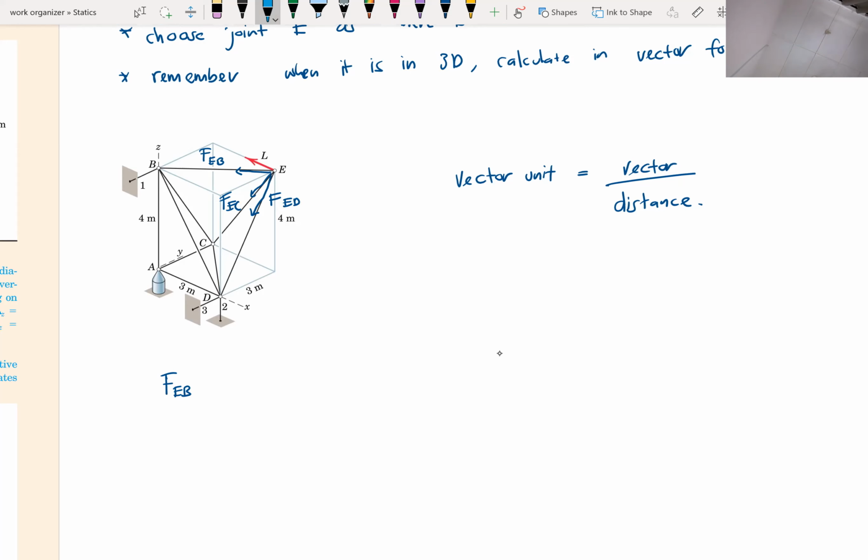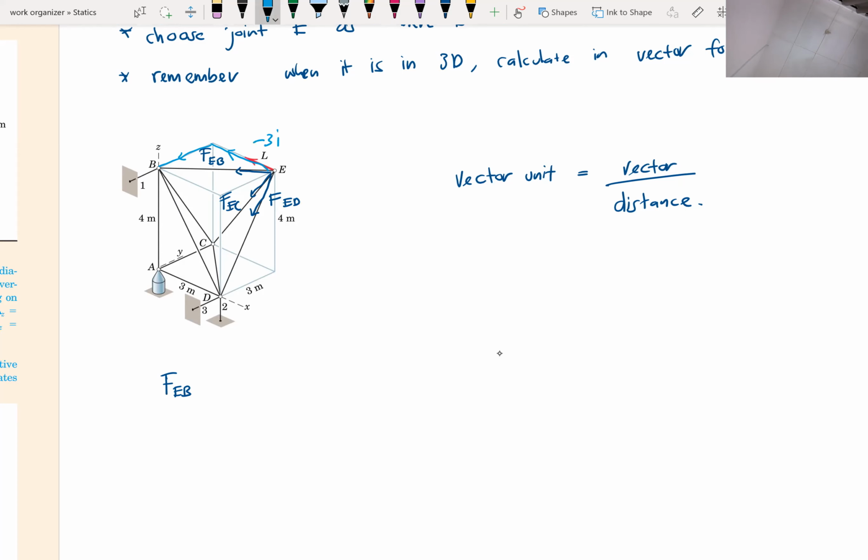So this is FEB, right? So we have it in this way, and then we have this way. So this is the z-axis. So minus 3I.